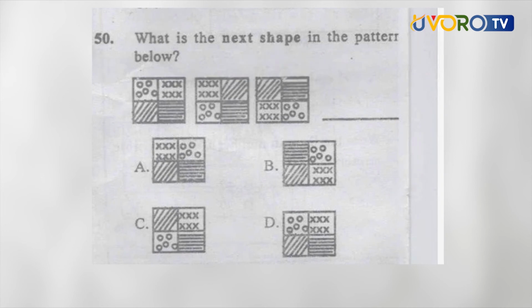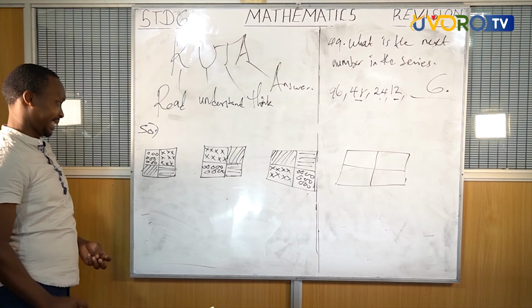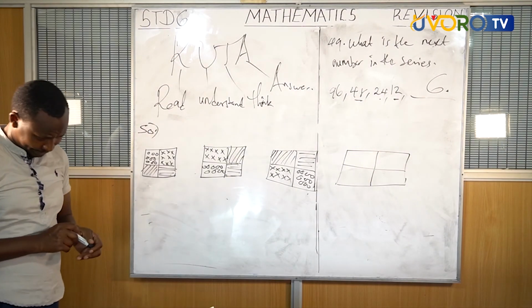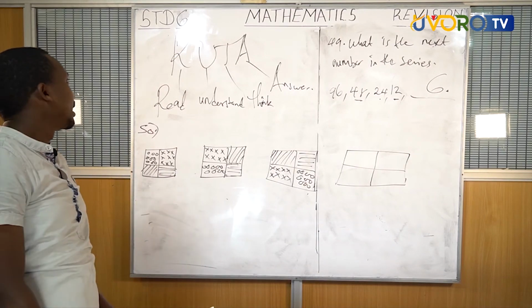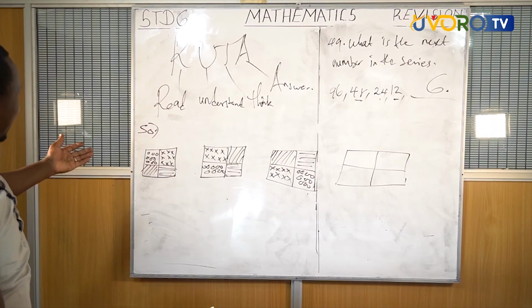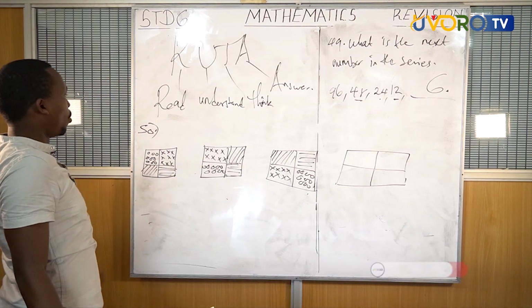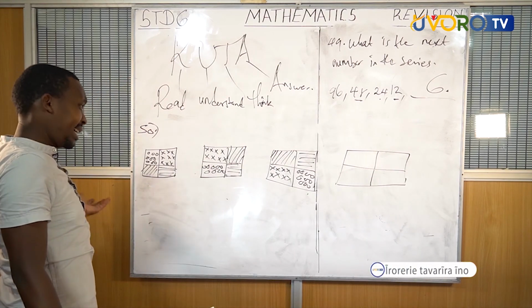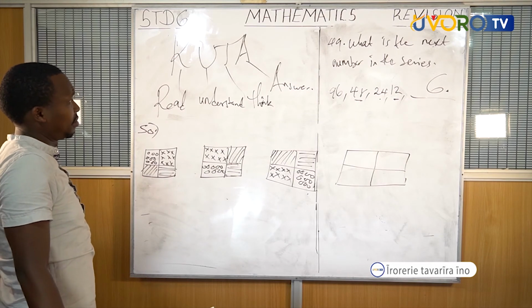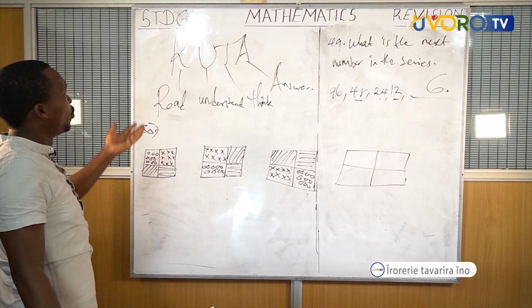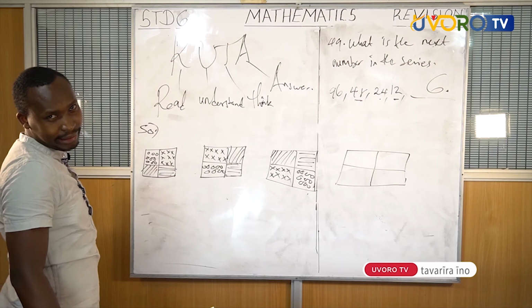Now, the next pattern. Now, class 6, as you can see, are for reading. We have already read. Which one is the next shape?